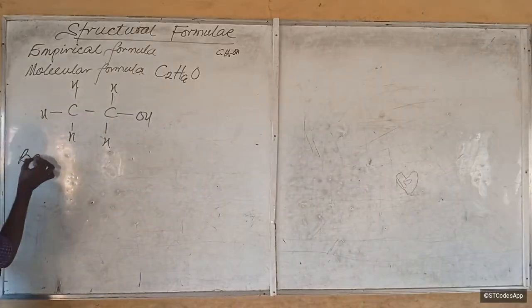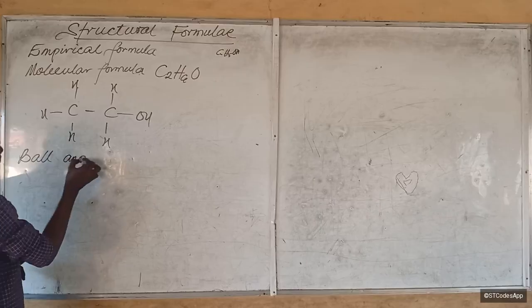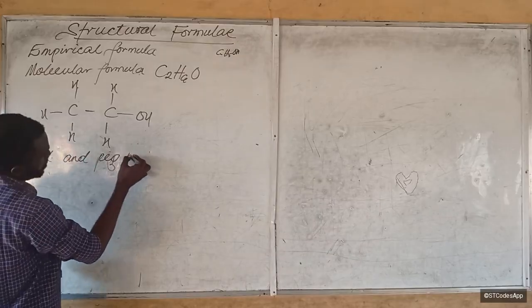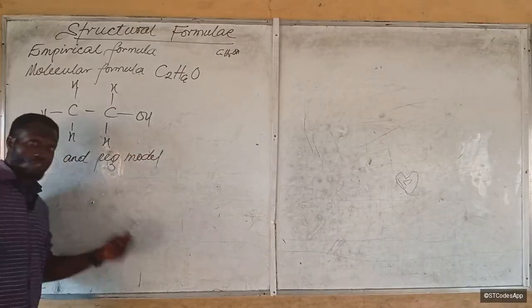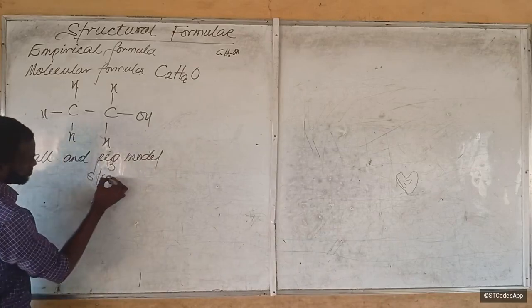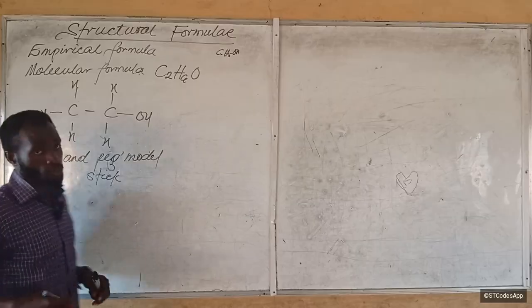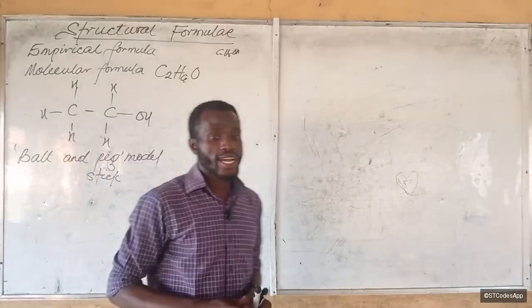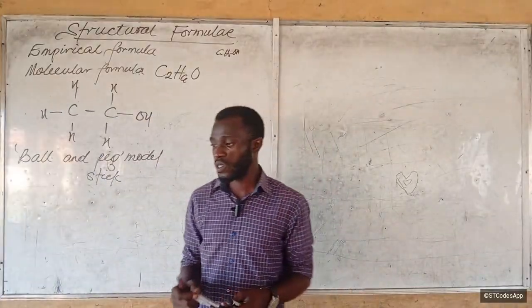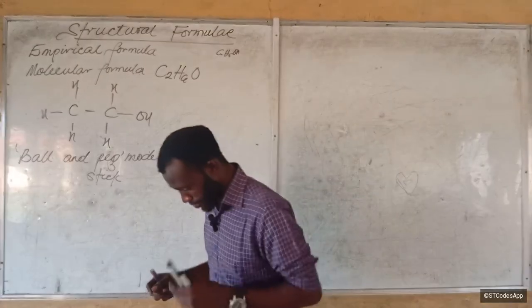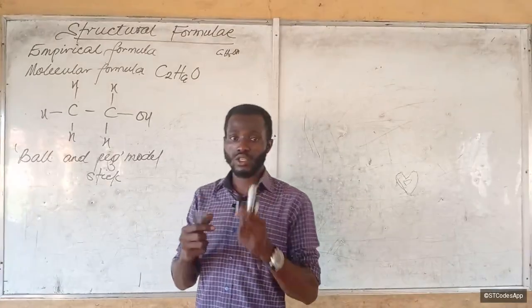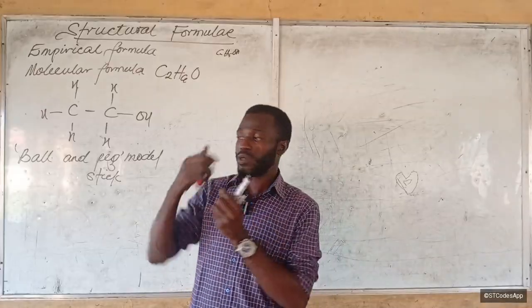the ball and peg model, or some people say ball and stick, is that okay? The ball and stick model was invented where, I remember those days, we would take broom, we would chew gum, and we would attach.